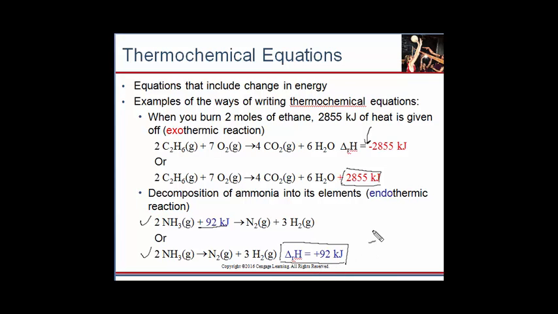This is saying 92 kilojoules of heat were needed to react 2 moles of ammonia. I have a conversion factor with heat here and moles here. I can do lots with that.